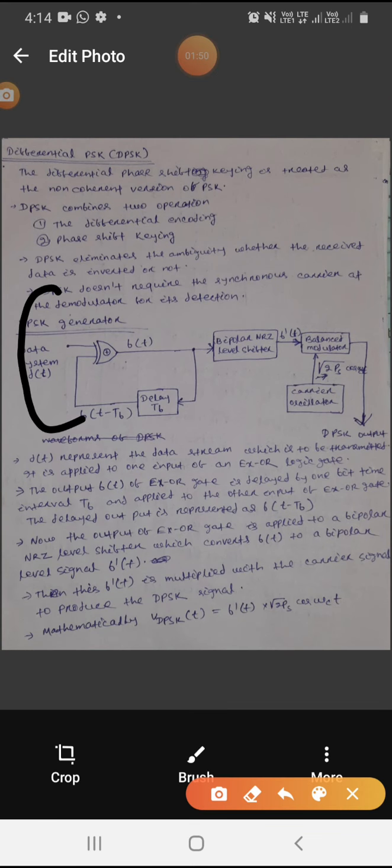See the diagram here. Here the data, which is D(t), is collected from the computer, and this data D(t) is to be transmitted. So this D(t) is applied to the input of the XOR logic gate, which means one input of the XOR logic gate is D(t).